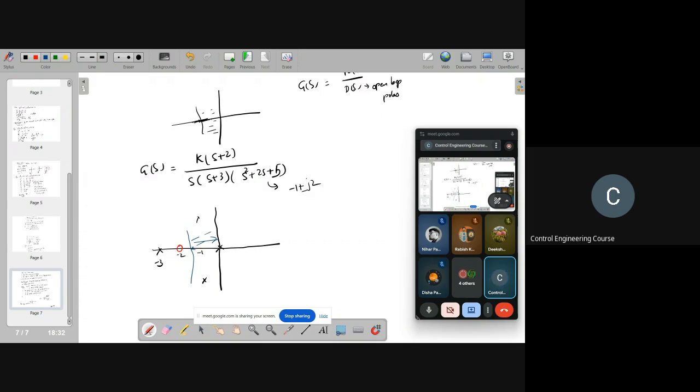Since here there is only one point, you do not consider the complex roots. Only roots on the real axis you need to consider. Up to this point there is only one pole, which is odd. So there exists a root locus on the real axis.